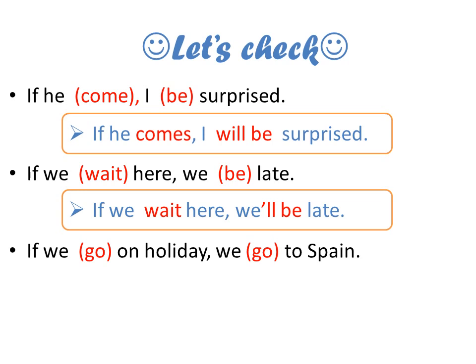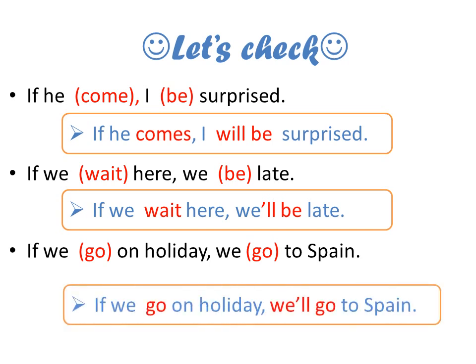So if we wait here, we will be late. If we go on holiday, we go to Spain. If we go on holiday, we will go to Spain. I hope you have understood the first conditional. Now let's move to the second one.